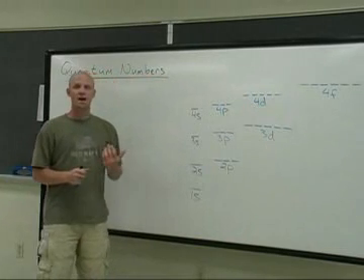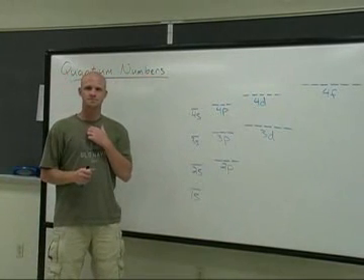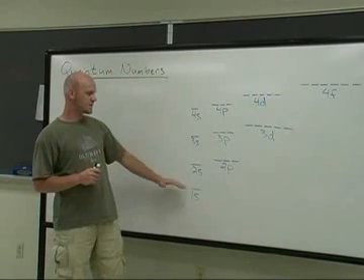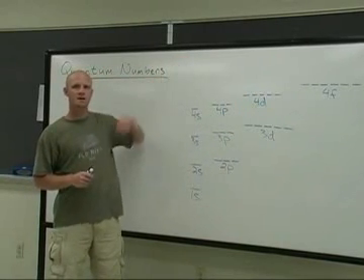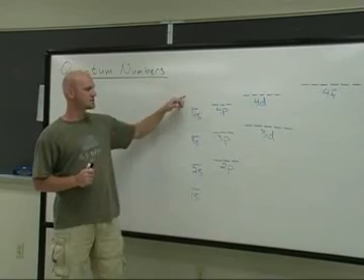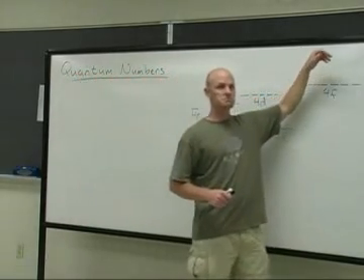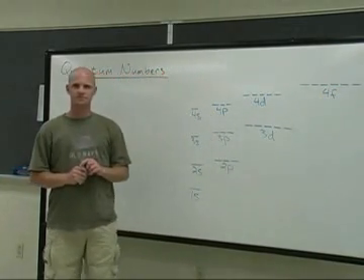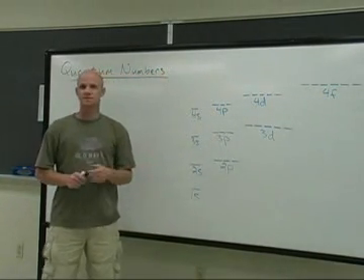So what about shell number 5? Same as the previous. Every time we go up a shell, we get a new type of subshell. So 5 has S, P, D, F, and G. Anybody ever heard of a G orbital? No. They do exist, oddly enough.